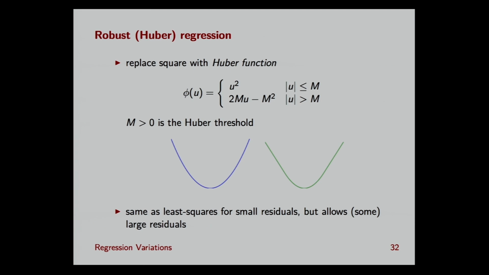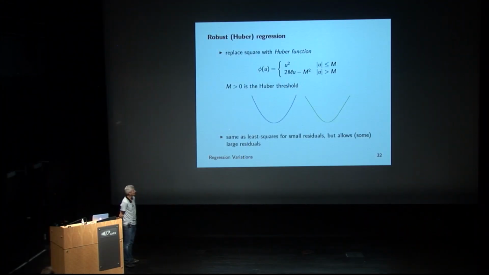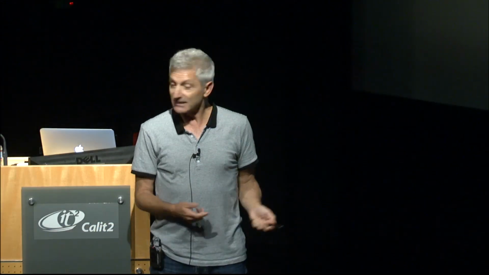It's a statistician who worked in the 60s and 70s, maybe later 70s, I don't know. Now the idea here is that this penalty function on your residuals is going to be the same as least squares if the residuals are small. But if the residuals are big, it's going to be radically different, because you don't like big residuals. But there's a big difference between squaring a big residual and just having a linear function of it.